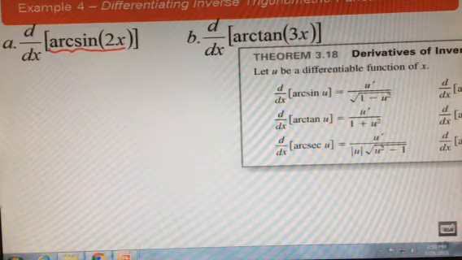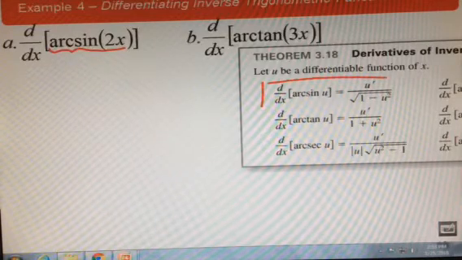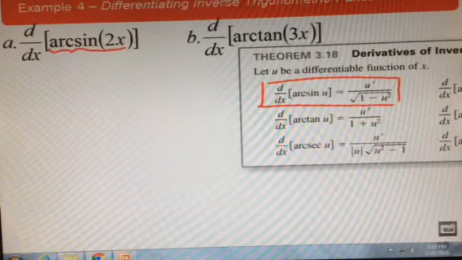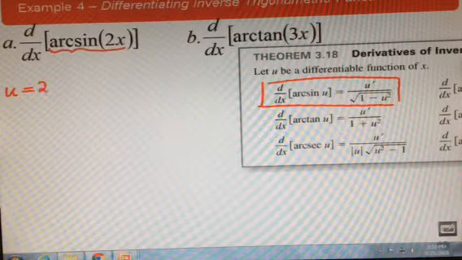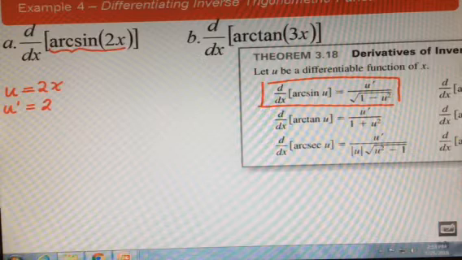So following this formula right here, I know that the inner part is 2x, and the derivative of 2x is 2.